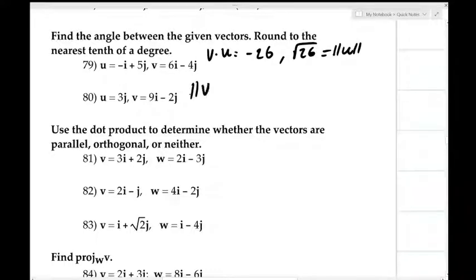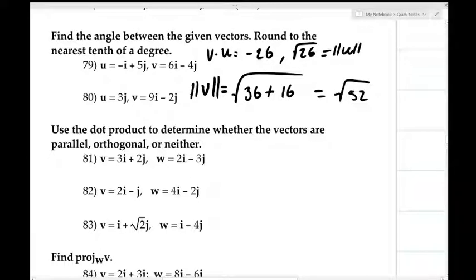Then the magnitude of v will be square root of 36 plus 16, right? So 52, square root of 52.